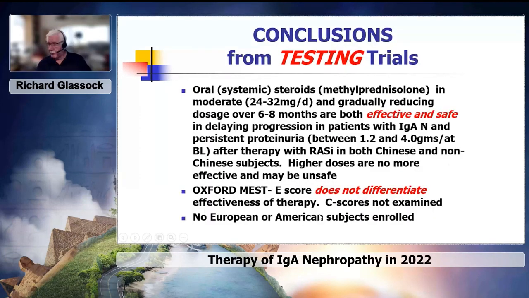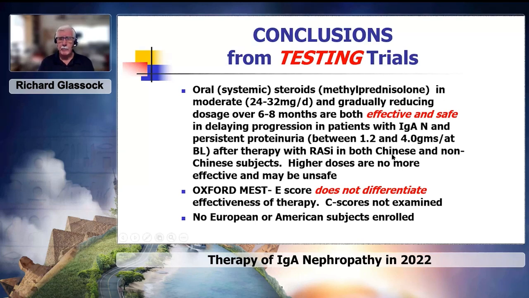So the conclusions from the testing trials are that oral systemically administered steroids in the form of methylprednisolone in moderate dosage and gradually reducing dosage over 6 to 8 months are both effective and safe in delaying progression in patients with IgA nephropathy with persisting proteinuria, somewhere between 1.2 and 4 grams per day at baseline.